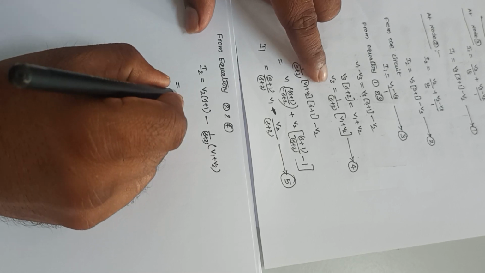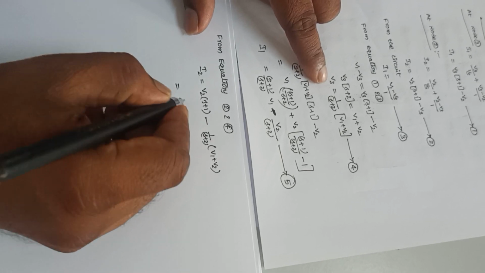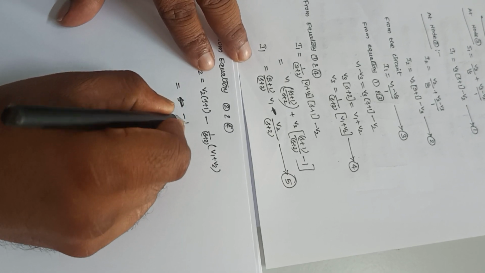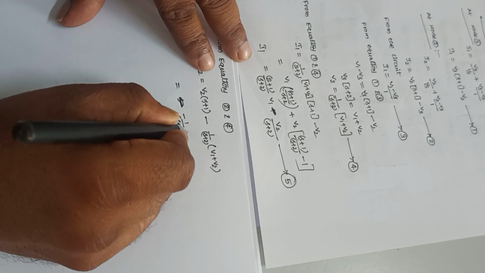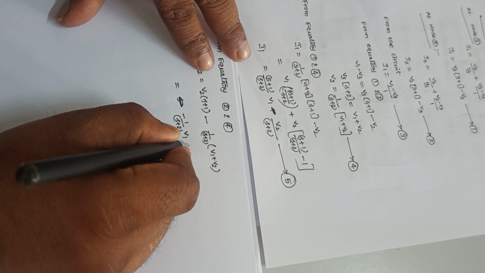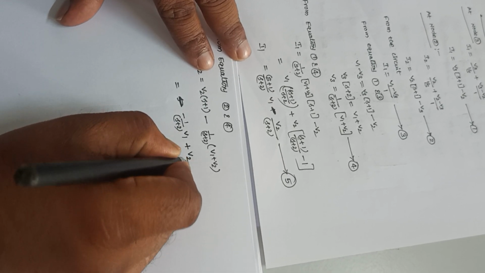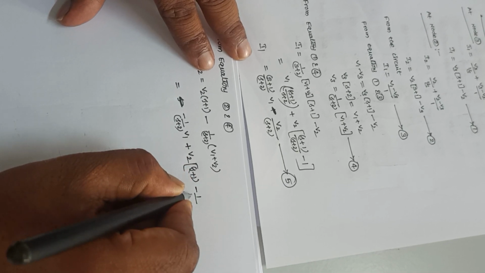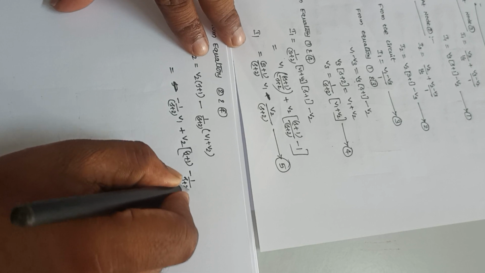If I separate the V1 and V2 parts here, it is minus 1 by S plus 2 into V1, plus, if I take V2 as common, S plus 1 minus 1 by S plus 2.